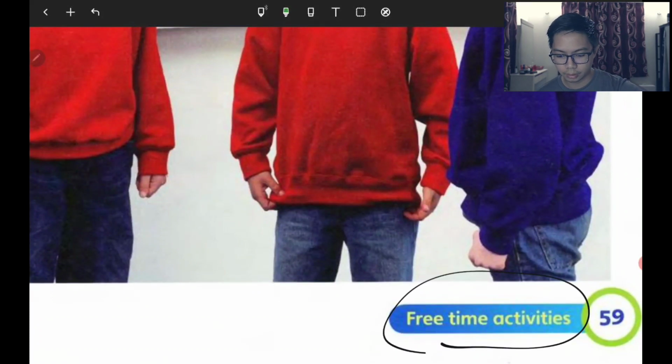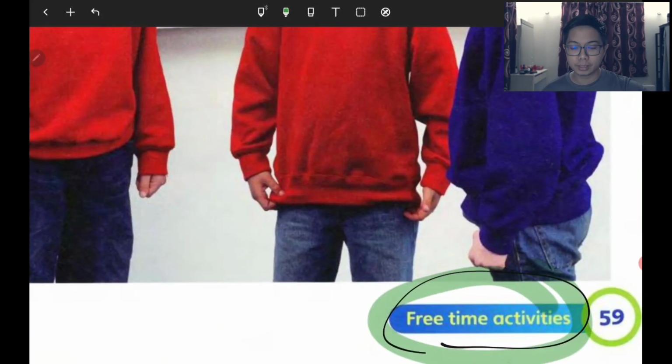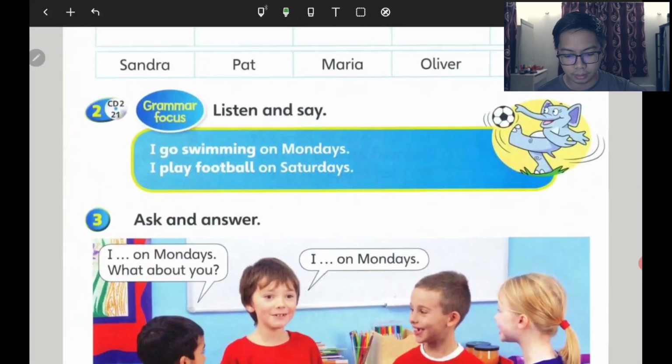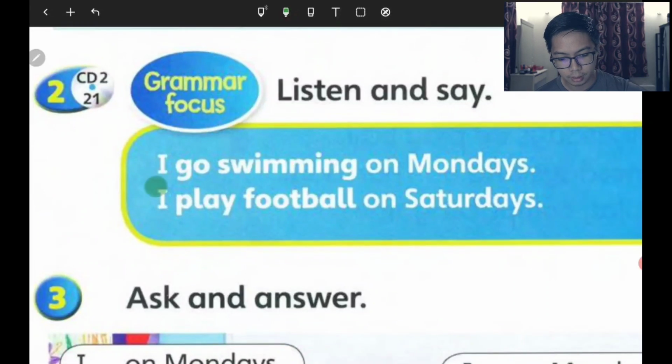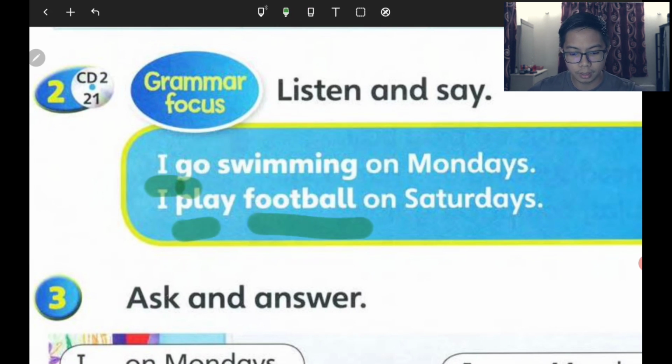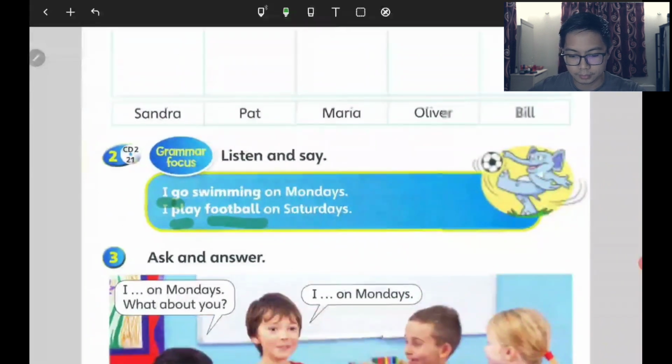So what are the activities during our free time? You need to know some of the activities. For example, over here, I go swimming, okay? You go swimming on Mondays. And another activity is play football, okay?